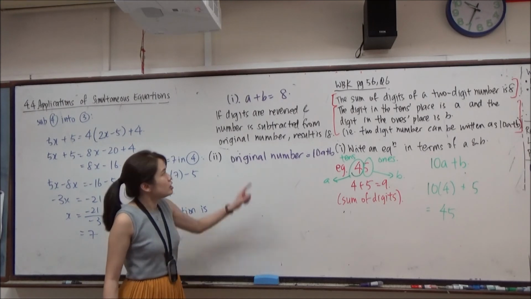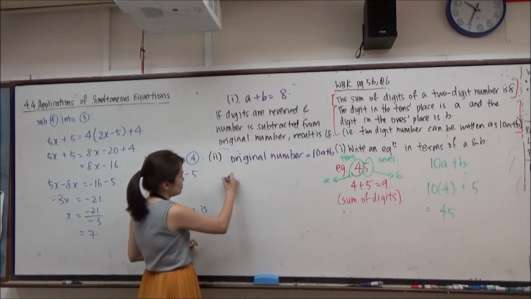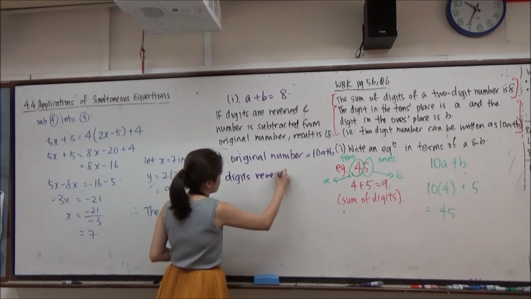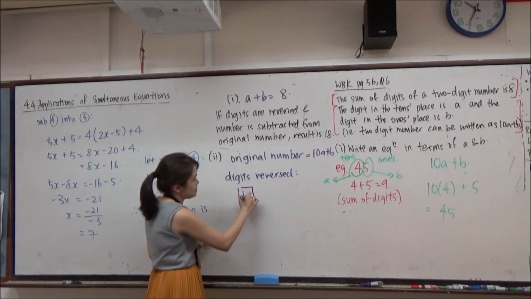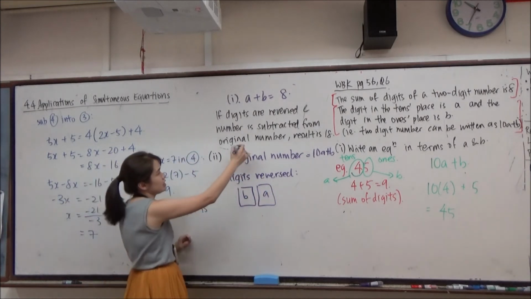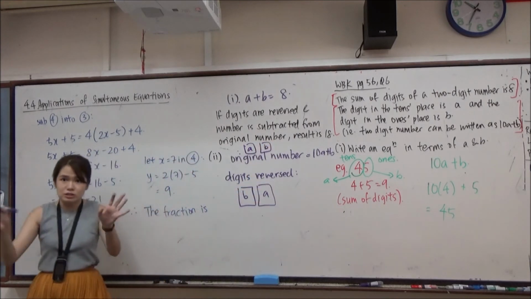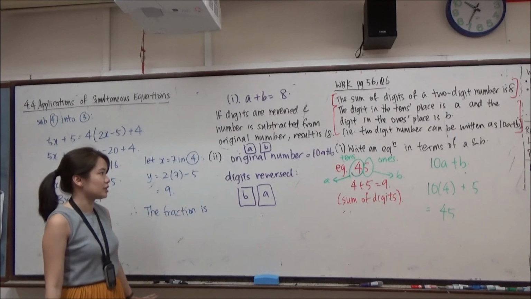And then if my new number has the digits reversed, it means that I have a B and an A instead of AB. The original number is AB, I'm drawing boxes as though it's placed side by side, it doesn't mean multiplication.